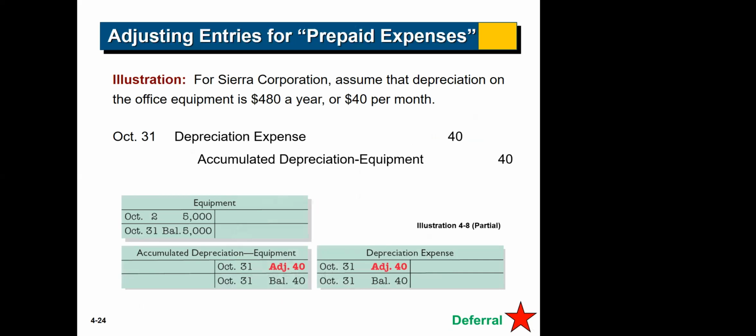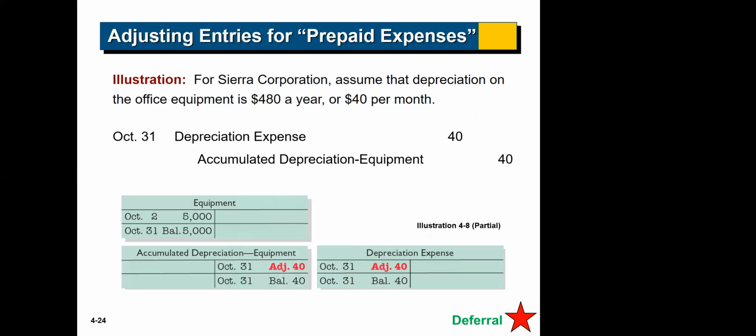So a couple of things here. One, whenever you have a depreciation problem, there's two accounts that you're always going to have. What do you think they are? The equipment and then the depreciation. The depreciation expense and the accumulated depreciation equipment. These two accounts go hand in hand.